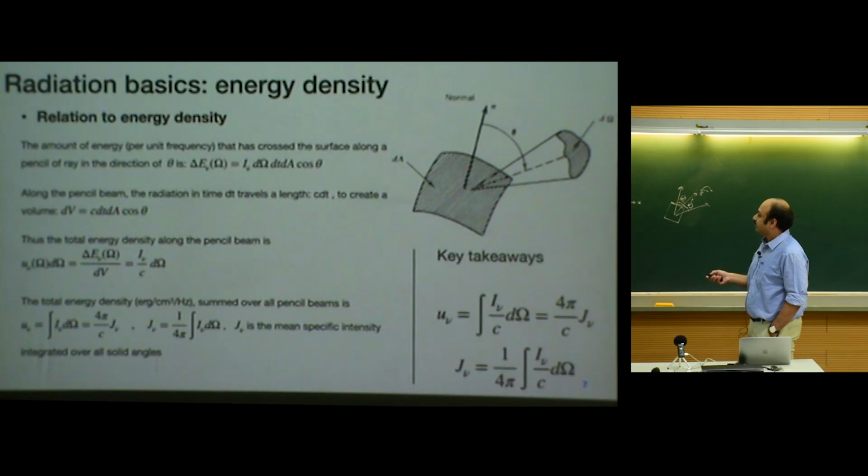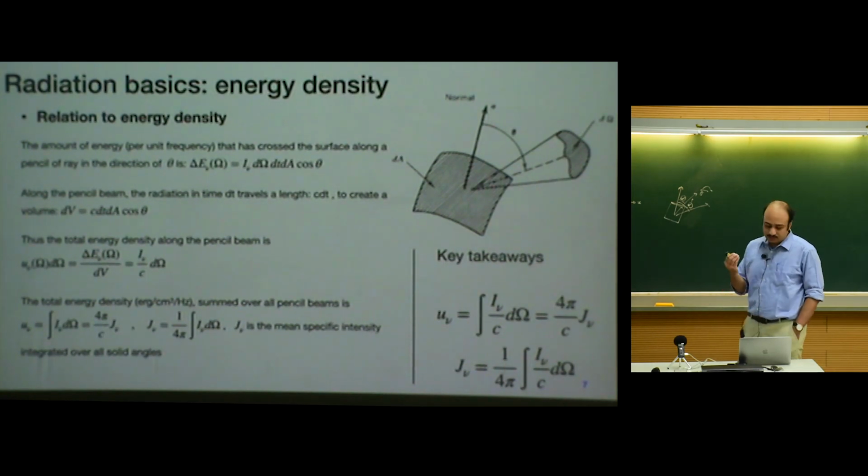So the total amount of energy going into a particular solid angle in this way is I nu times the solid angle times the unit time dt times dA times cos theta, because theta is the angle of this particular area, so you have to take the area normal to this solid angle. So that's why the cos theta factor comes in. So this is again just from the basic definition of intensity, which is the total amount of energy into this solid angle is intensity times the solid angle times the time, area, and the area normal to it. So that's why dA cos theta.